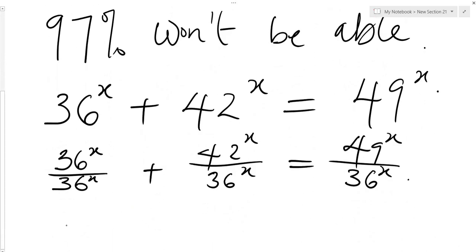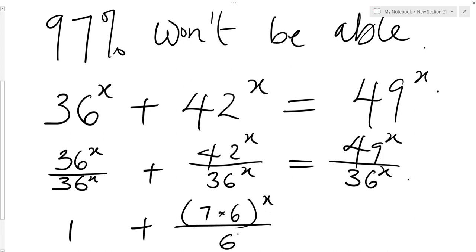Now this is 1, plus this is 7 times 6 to the power of x. This is 6 raised to the power 2 to the power of x.